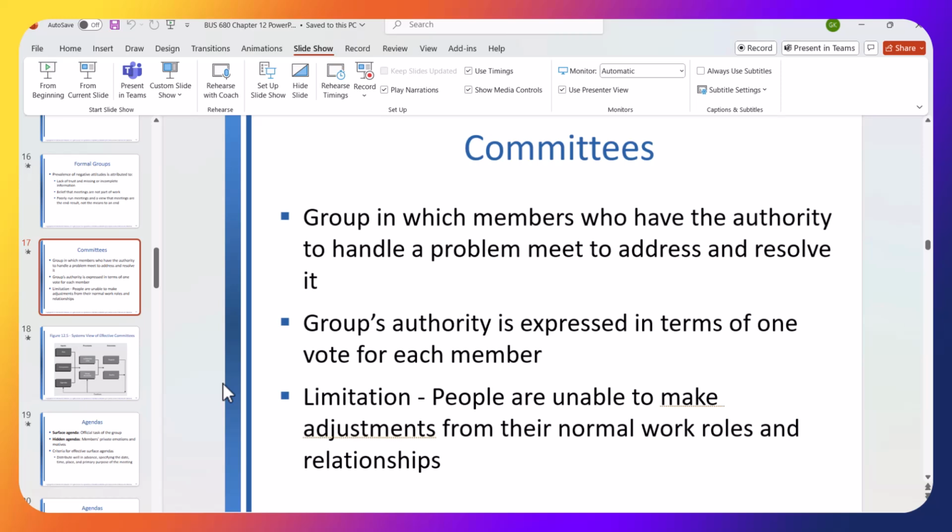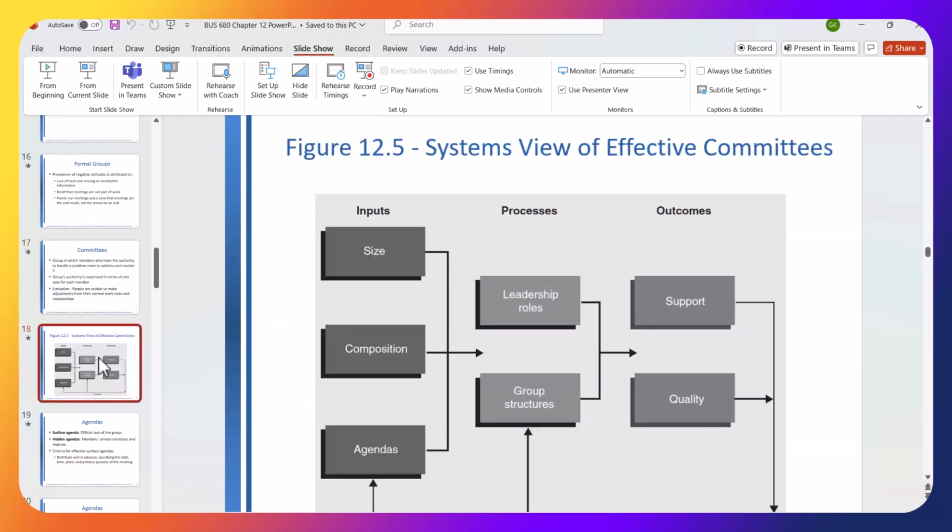For instance, don't put somebody on a committee to resolve issues when they're not really interested in resolving problems. They're really more interested in creating problems or turmoil or chaos. And you do have some limitations. People are unable to make adjustments for their normal work roles and relationships. Sometimes people get on the committee and they're conflicted between being on the committee and actually doing their job, and some of the people on it may have relationship issues.